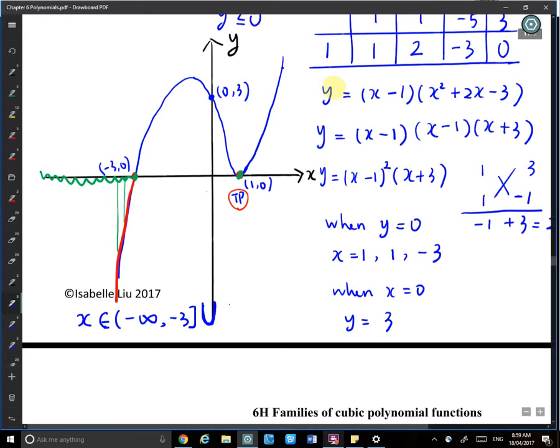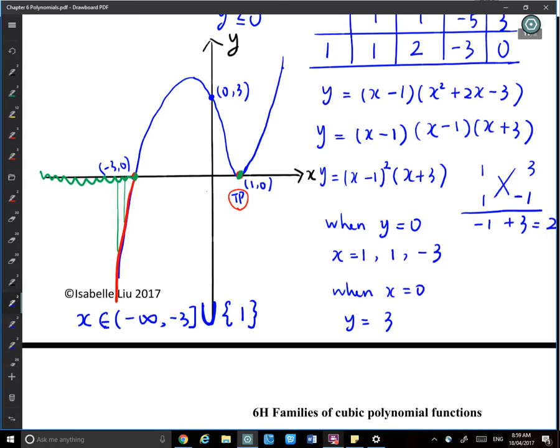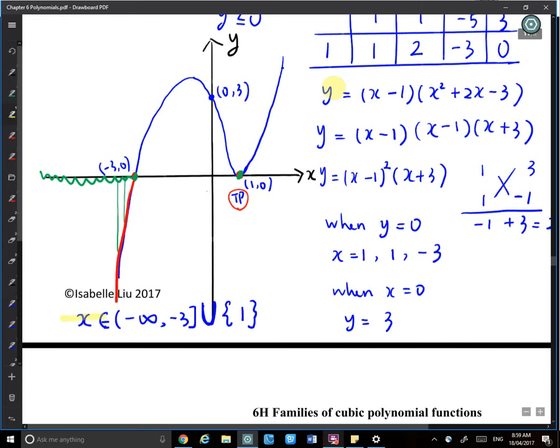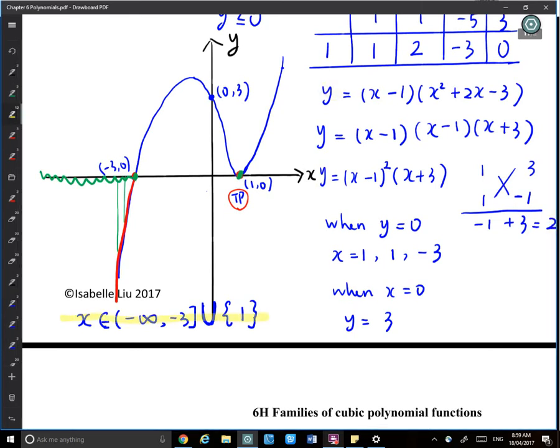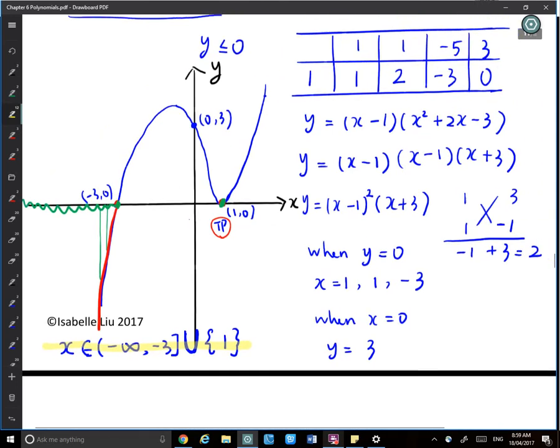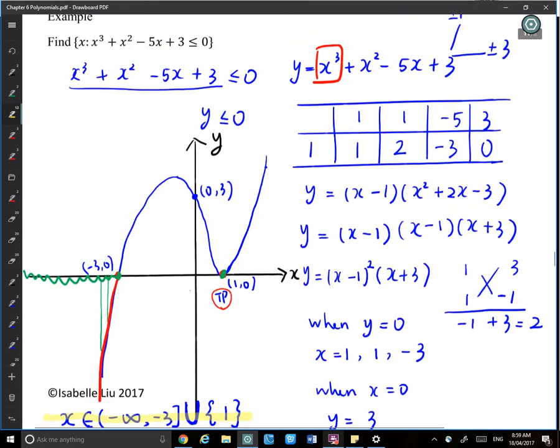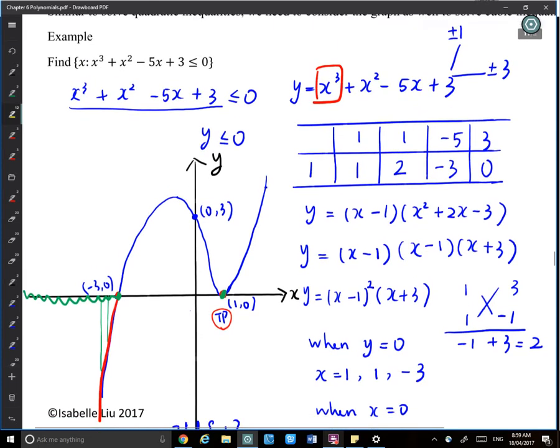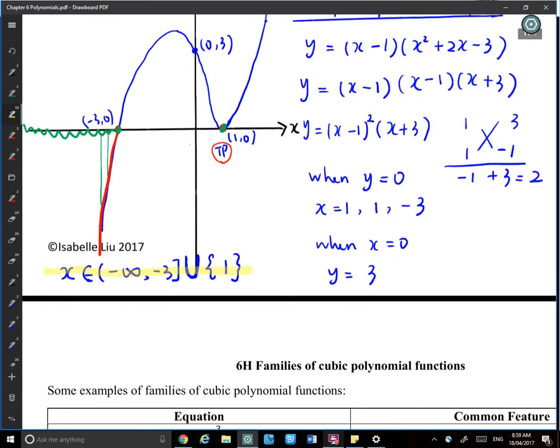So you use curly brackets and put 1 in, which means I union one single point. It's the set negative infinity to -3, union the single point 1. So that is the most correct answer, and that should be your final solution. All of the things above are your working steps, and that is your answer.